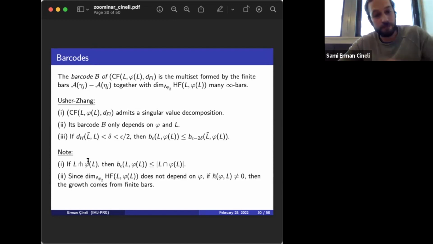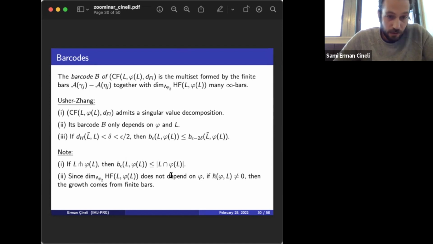Here is a note. So far we assumed that L and phi of L intersect transversely, but by continuity, one can define the barcode of L and phi of L even if they don't intersect transversely. But if they do, then the number of bars is less than the number of generators, the intersections.